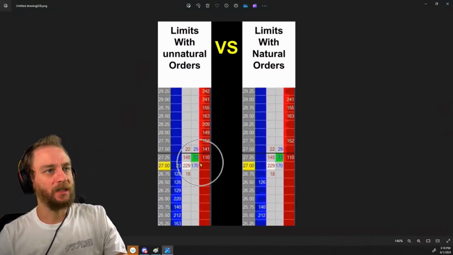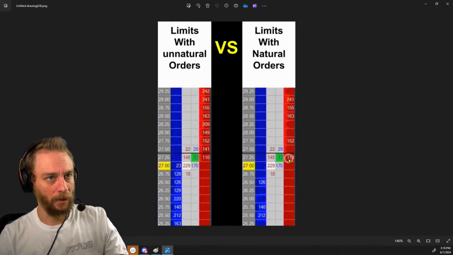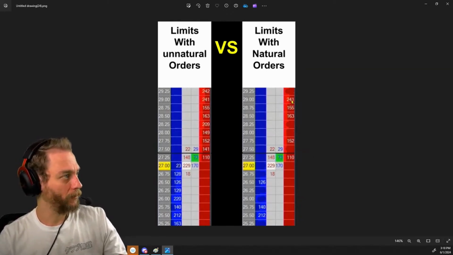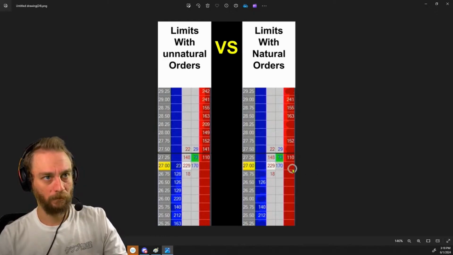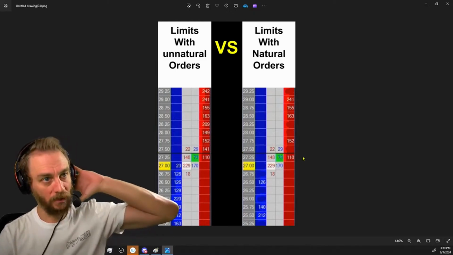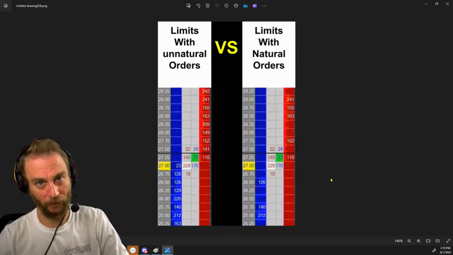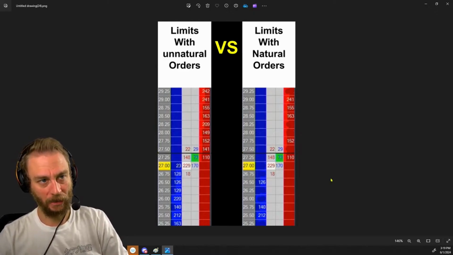This is what you see, but this is what it really looks like. A lot of the real offers will be every few ticks. This is kind of what a Bitcoin DOM looks like, but this is what real natural resting limit orders look like. The rest of these pockets are being filled in with market makers, and a lot of it is not as real as you think.